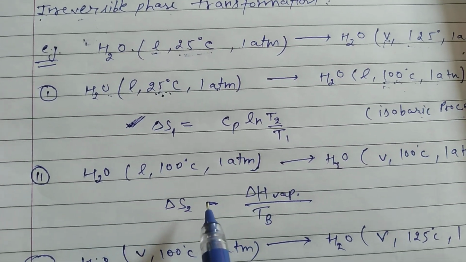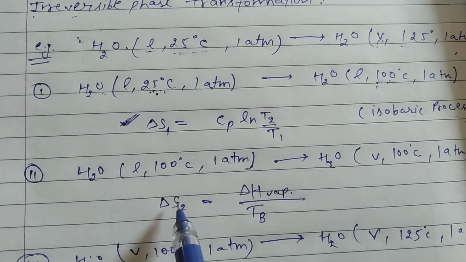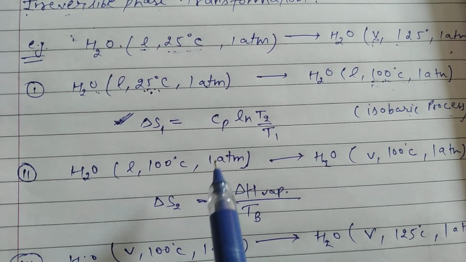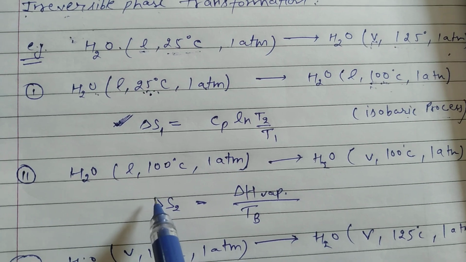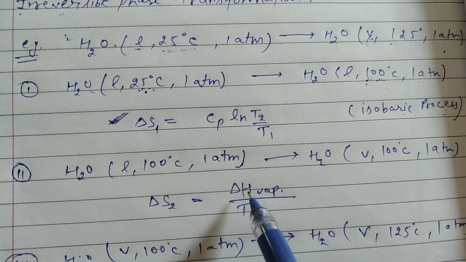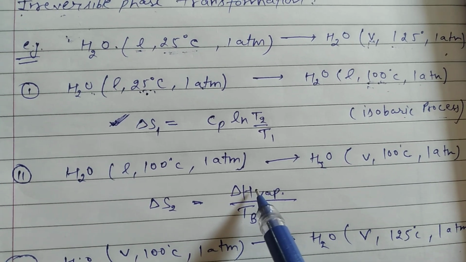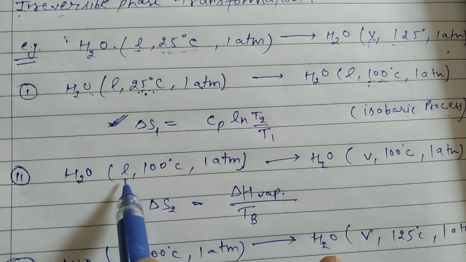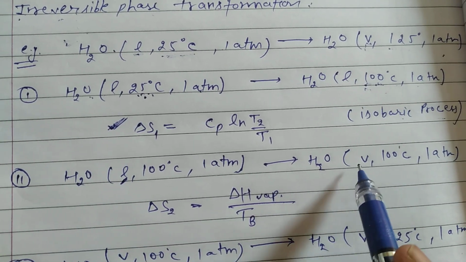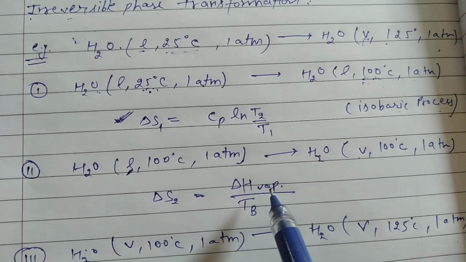Now the reversible phase transformation can take place, and for it the change in entropy is equal to the ratio of the heat of vaporization to its boiling point. Here the phase transformation is going from liquid to vapor, and that's why we are using the heat of vaporization.